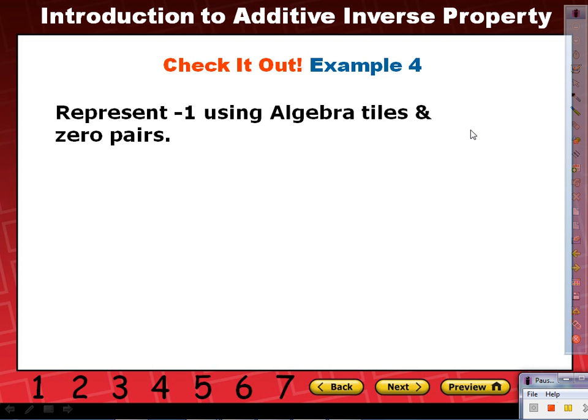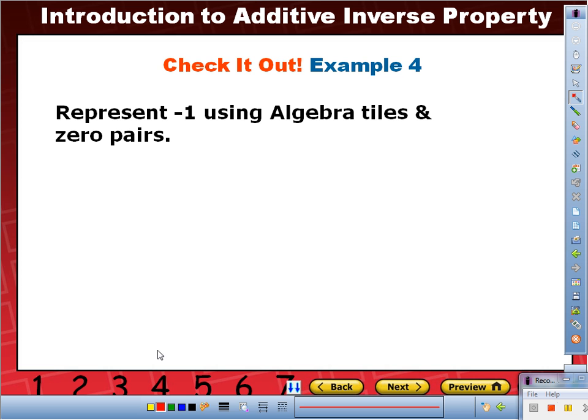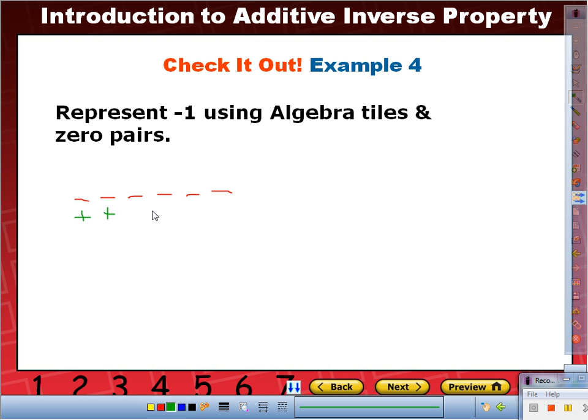Lucia, what do you have in front of you? How many negative tiles and how many positive tiles? -6. 1, 2, 3, 4, 5, 6. And how many positives? 5 positives. 1, 2, 3, 4, 5. Let's see if he's correct. Do we see a 0 pair here? These 5 negatives with 5 positives.